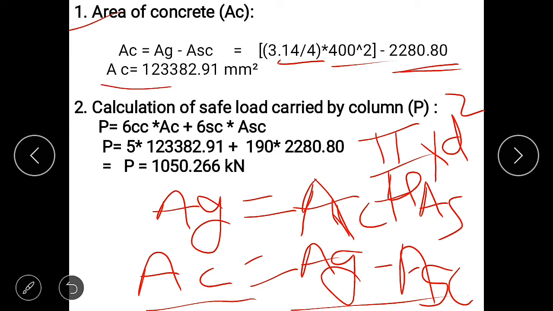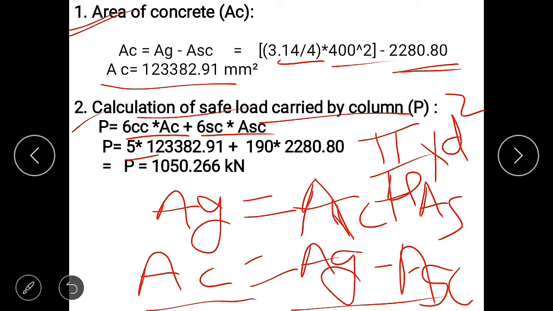So now AC equals 123382.91. We calculated the area of concrete. Now we have to find the safe load carried by the column. So P equals sigma cc into AC plus sigma sc into ASC.